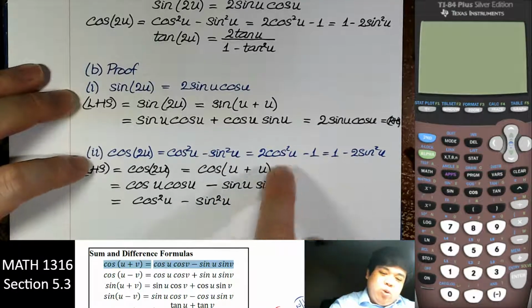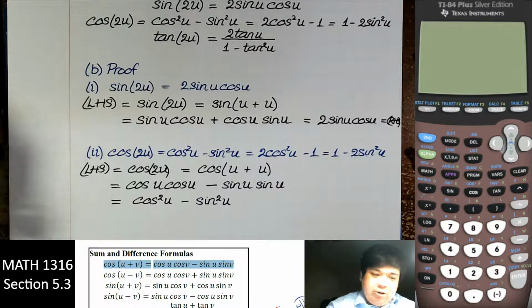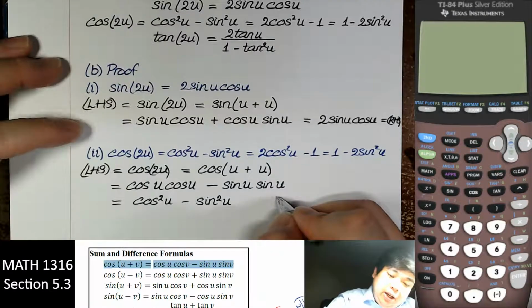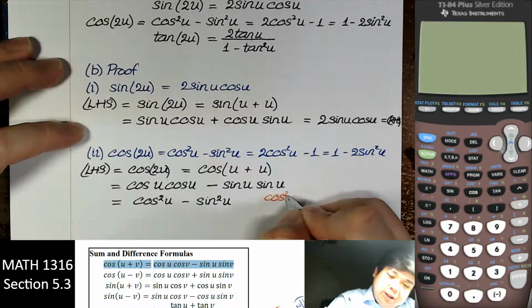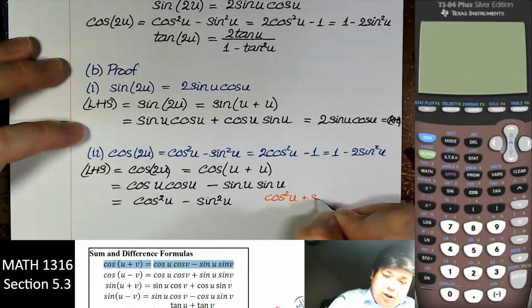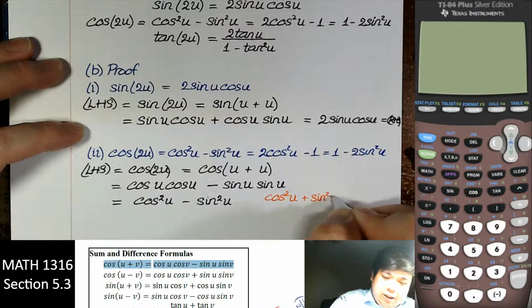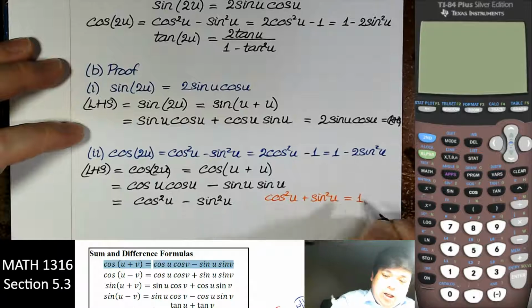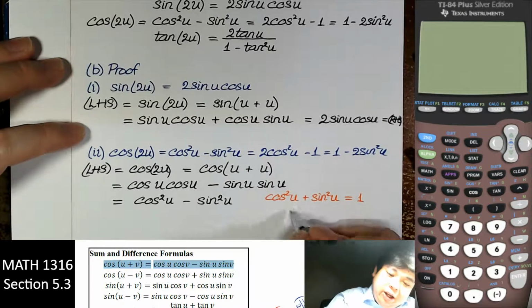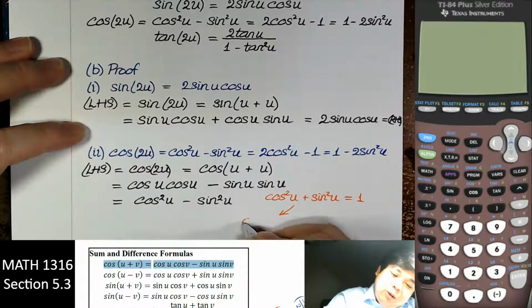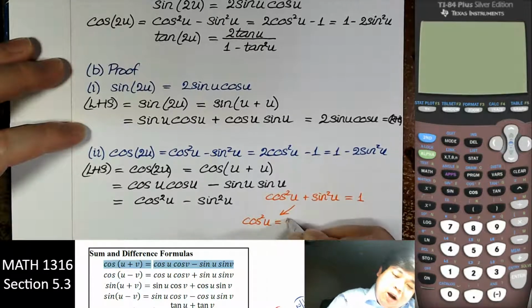Now, to get to cosine square or sine square is fairly simple. What we have is cosine square plus sine square is equal to 1. If we want to solve for cosine square, we have cosine square equal to 1 minus sine square.